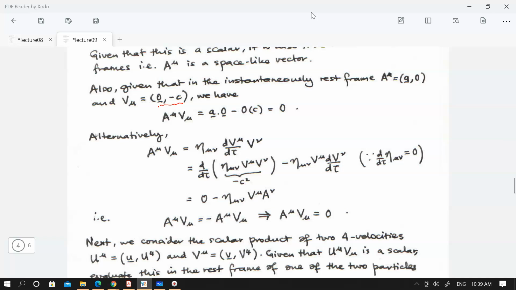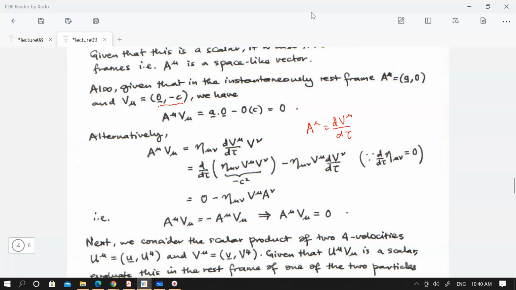So you have A mu, V mu, but A mu is essentially dV mu d tau. So you get that, and you can use your metric tensor to raise this index up.